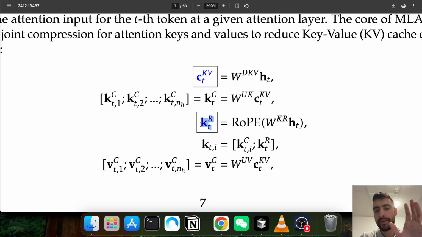But we will not exactly get this guy. This is the key that has positional embeddings. We will get something because this guy is passed through the rope. So we will get some vector that's not yet passed through the rope. And after we pass that vector through the rope, we will then get this key that contains rope information.